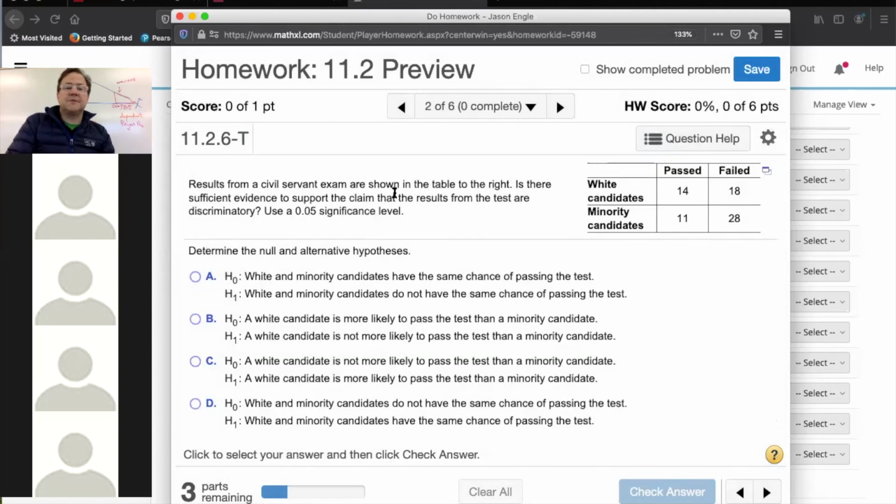Results of a civil servant exam are shown in the table to the right. Is there sufficient evidence to support the claim that the results of the test are discriminatory? White candidates, minority candidates, whether they passed or failed, does passing or failing depend on your race? You're going to make 1 of 2 decisions, either that they're independent or dependent, one or the other.